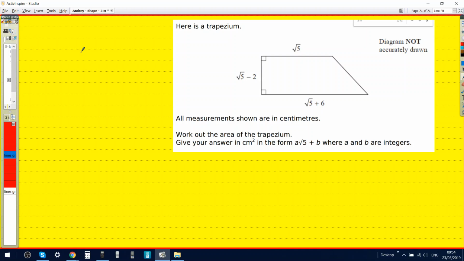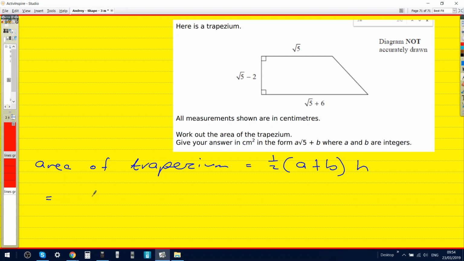So the area of a trapezium is half a plus b times h. I need to do half, and then brackets is root 5 plus root 5 plus 6, and then times that by root 5 minus 2.